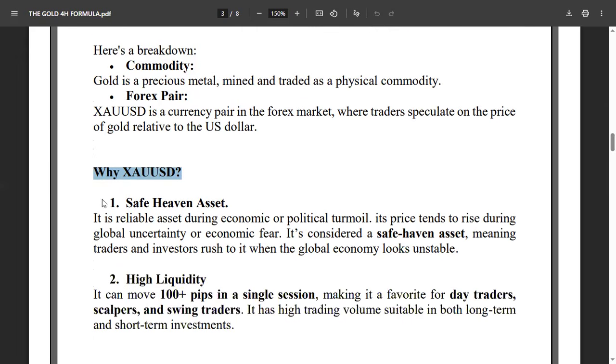The first reason is gold is termed as a safe haven asset. When you're talking about a safe haven asset, it is simply that gold is termed as a security to assets, to money. Most of the investors and traders, big banks and big institutions use gold to secure their assets.